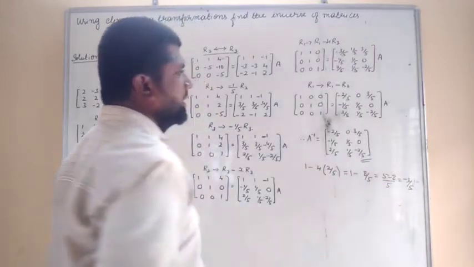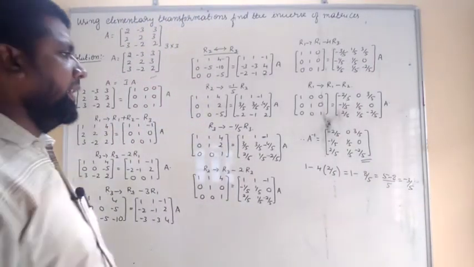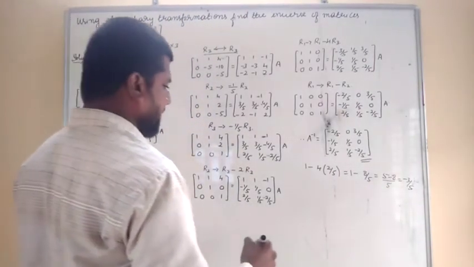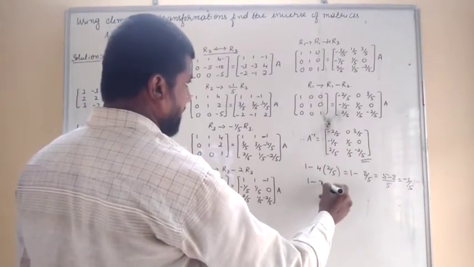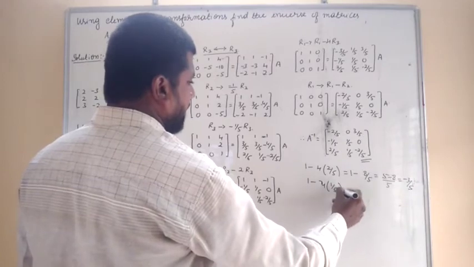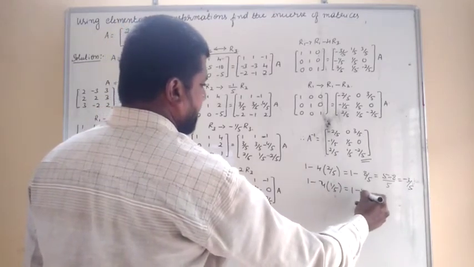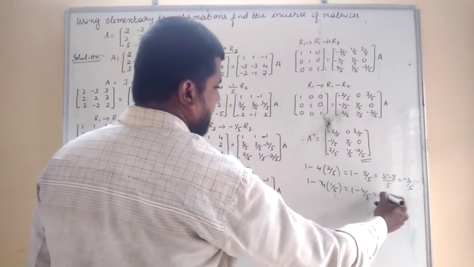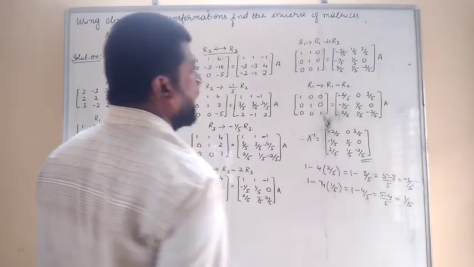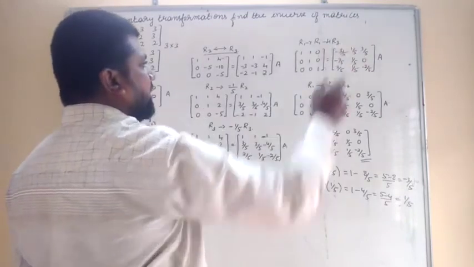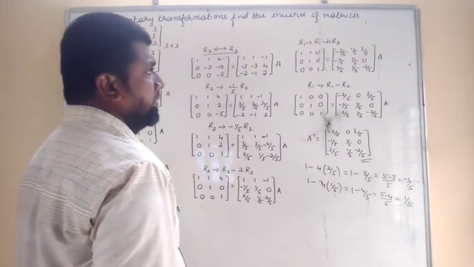Then the second element is 1 minus 4 into 1 by 5, which is 1 minus 4 by 5. If you take LCM, 5 minus 4 by 5 means you are getting 1 by 5. You got 1 by 5 as the second element of the first row.